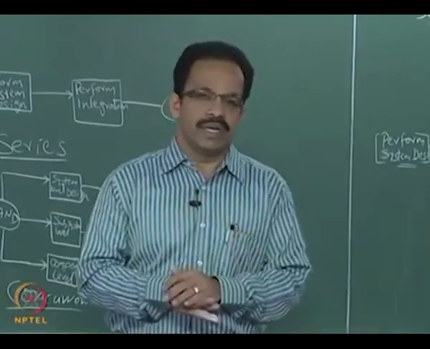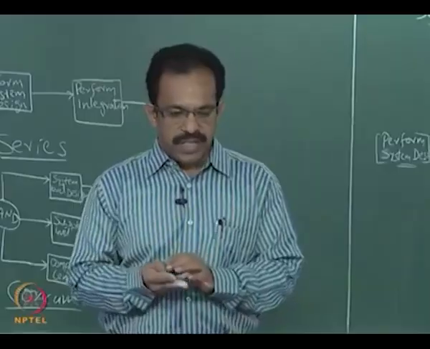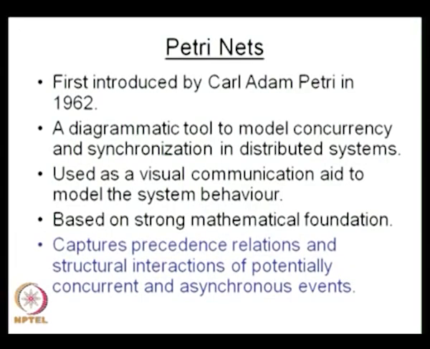That can actually be done using Petri nets, and then used as a visual communication aid to model the system behavior. So as you know, this is a graphical tool, so it actually helps as a visual aid to show the synchronization. And of course there are strong mathematical foundation for these methods, and it actually captures the precedence relations and structural interactions of potentially concurrent and asynchronous events.